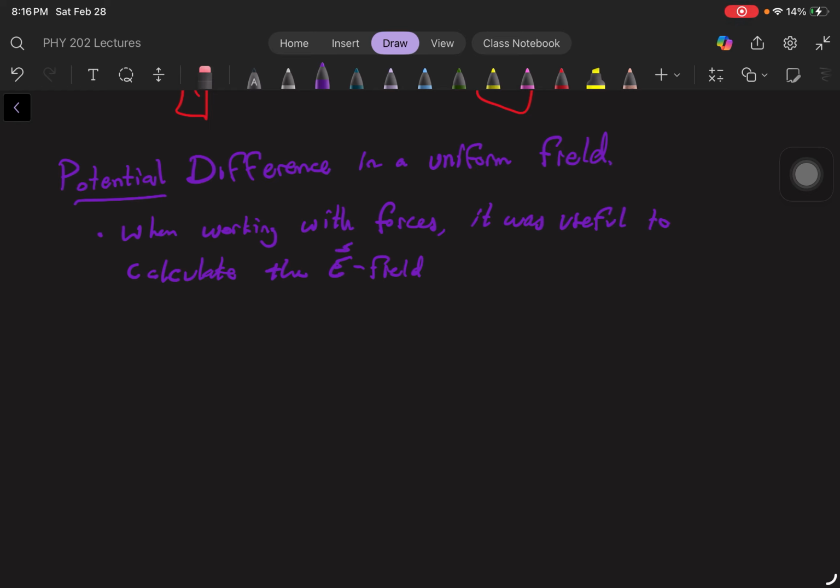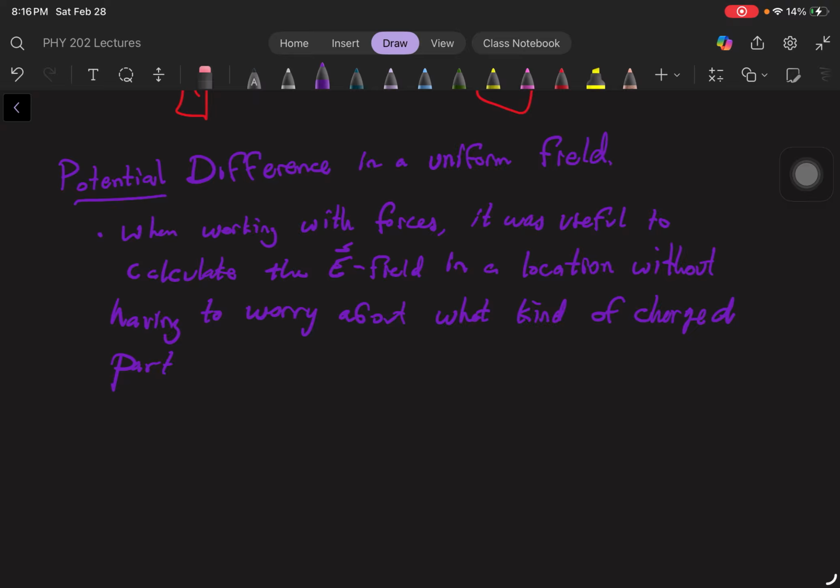Because this enabled us to, well, let's say, it's useful to find the electric field in a location without having to worry about what kind of charge or charged particle, we'll say, might come along.